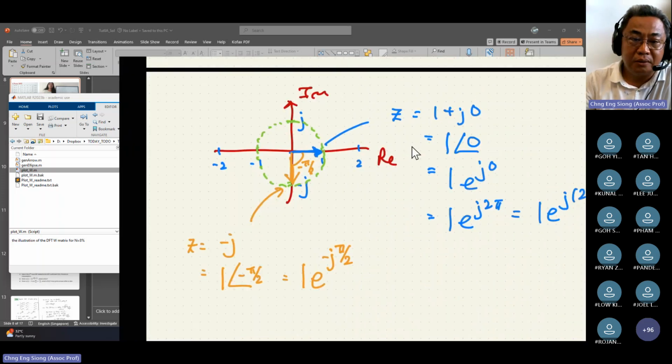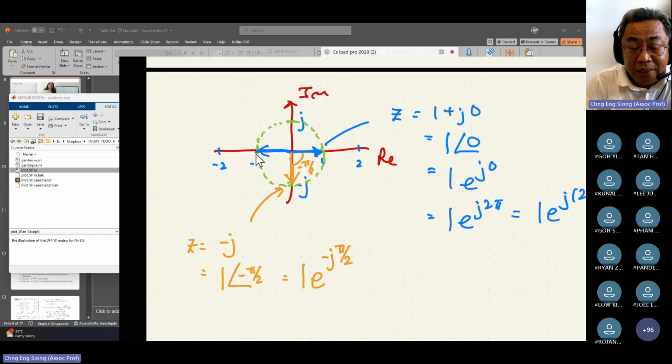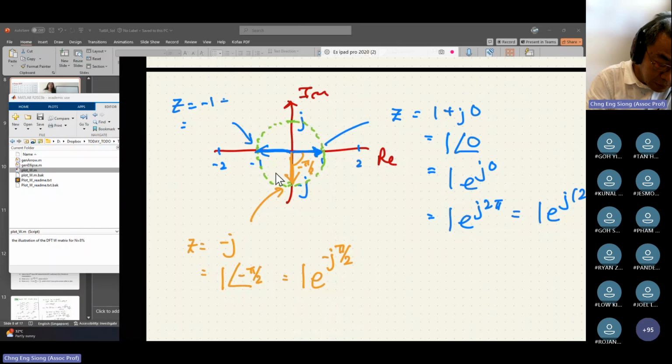Let's go and see this again. I'm going to use blue again. So this blue guy is pointing at -1. So this Z is equal to -1, which is -1 plus J0. The length is 1. Angle is minus pi because I can rotate minus pi, or I can say 1 angle pi.